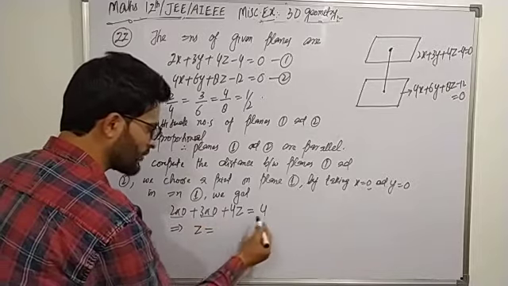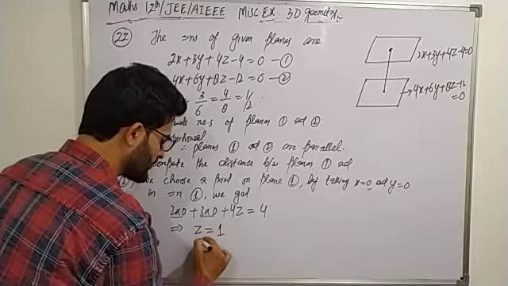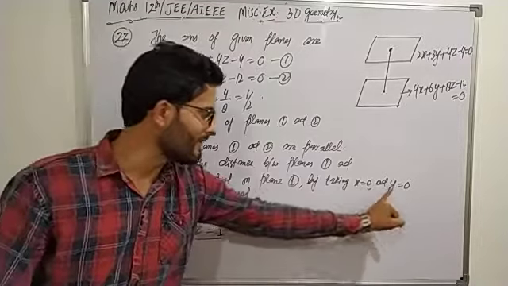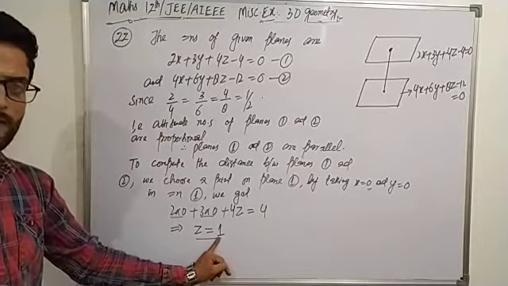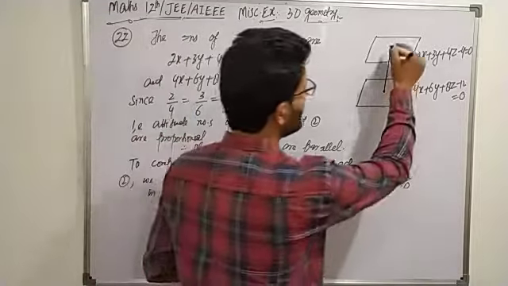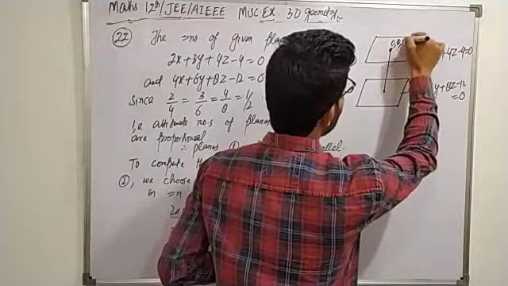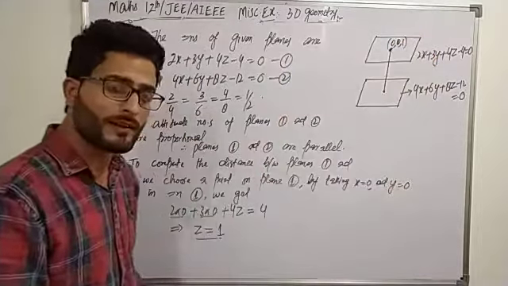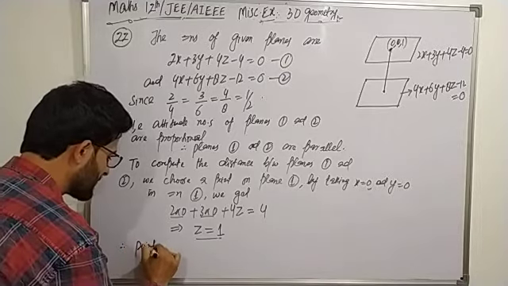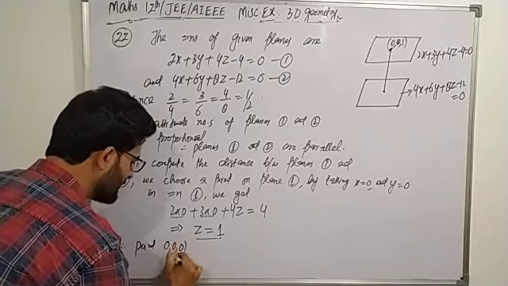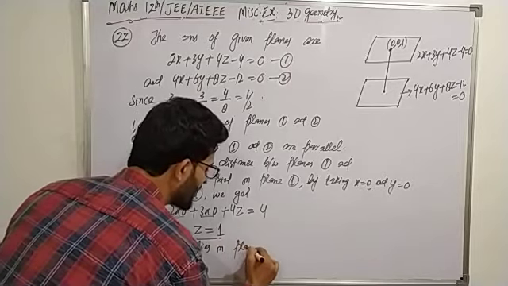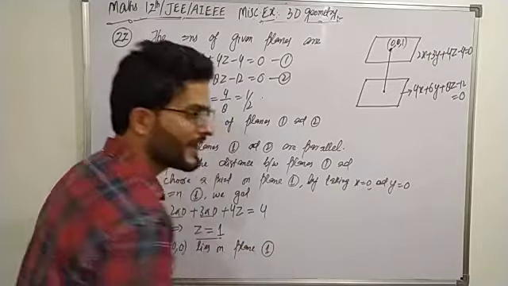So z must be equal to 4 by 4, means z must be equal to 1. तो x कोऑर्डिनेट, x का वैल्यू 0, y का वैल्यू 0, तो z का वैल्यू क्या आ रहा है? 1, means point 0 0 1 definitely should lie on plane first. So therefore point 0 0 1 lies on plane first. ये plane first पे lie करेगा.